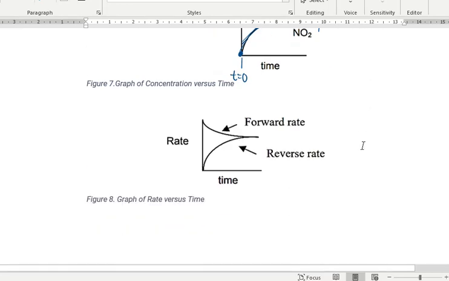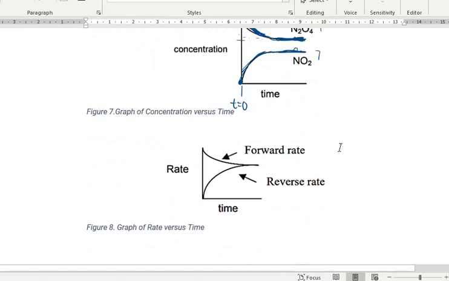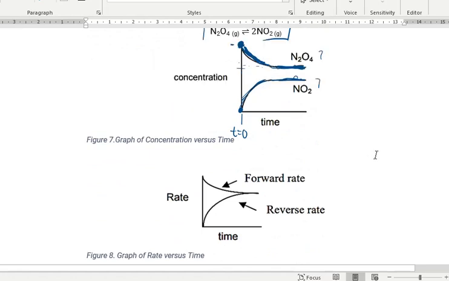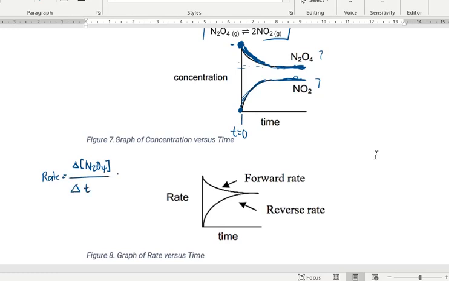So, here, this is just the graph of rate with time. So, as we know, the rate is just the change in the concentration of reactant. So for example, the change in concentration of N2O4 over the change in time. So it's just the slope of this.